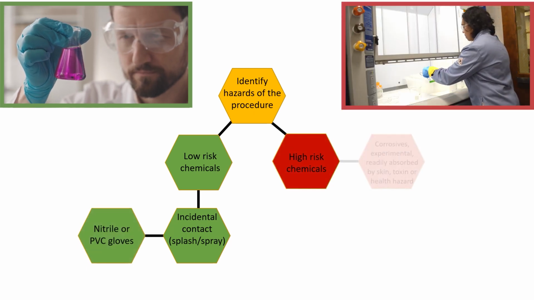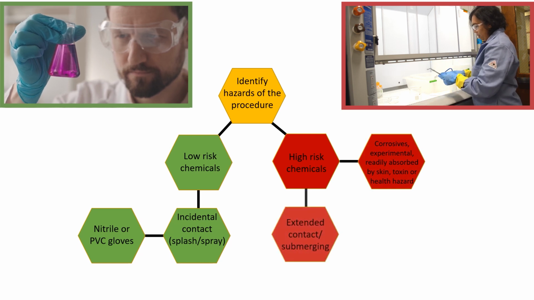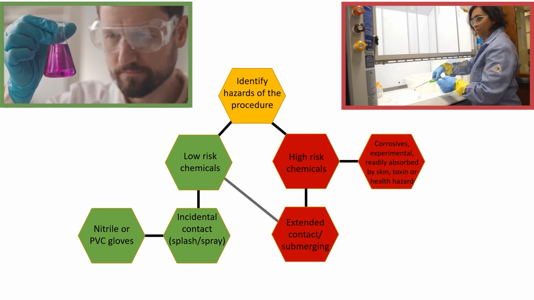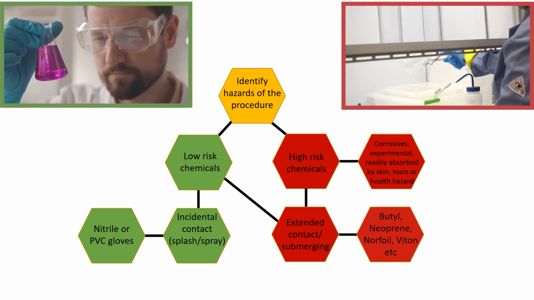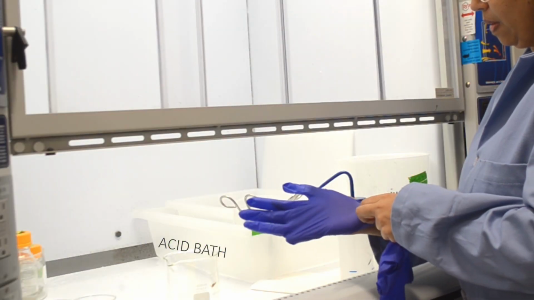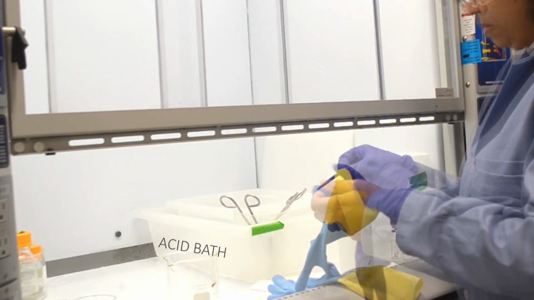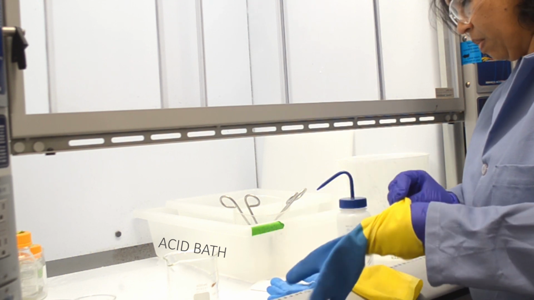However, when handling moderate to high-risk chemicals like corrosives, toxins, or chemicals that can readily penetrate the skin, use an appropriate glove material that offers substantial protection. Don't use nitrile gloves just because they are easily accessible. Ask yourself if they are appropriate for your task.